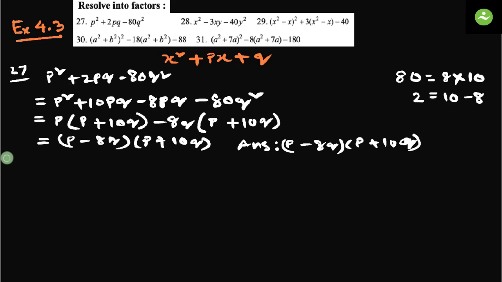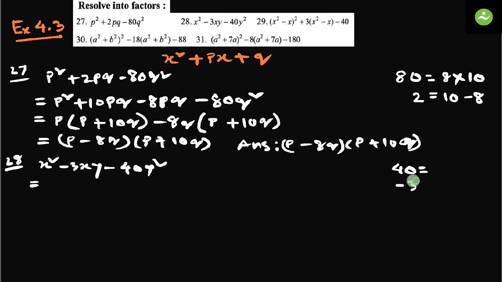Now number 28. x square minus 3xy minus 40y square equals, here q is 40 and p is minus 3.